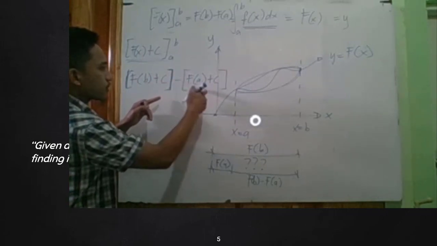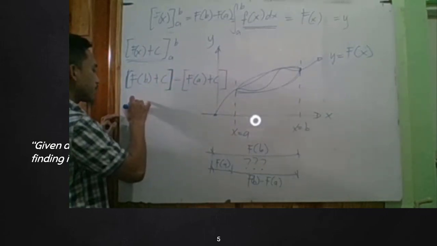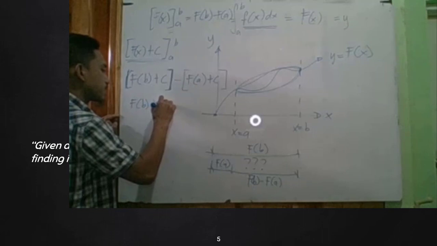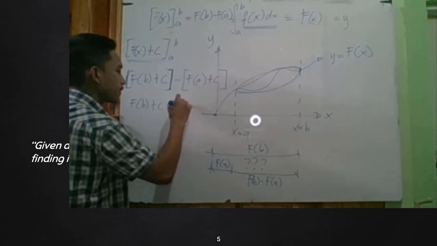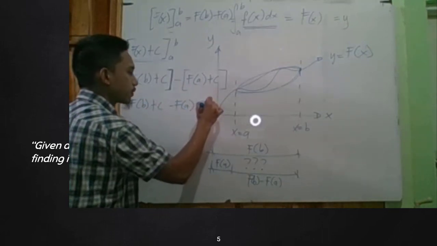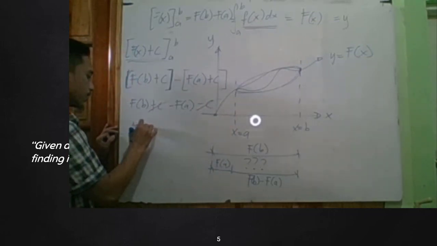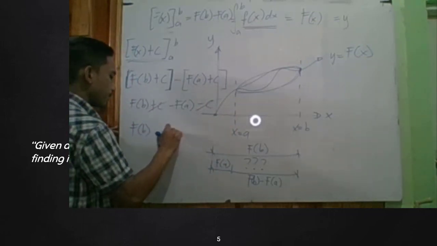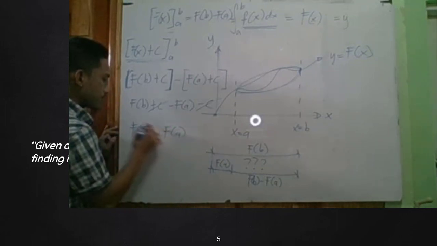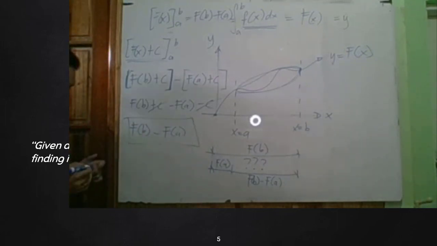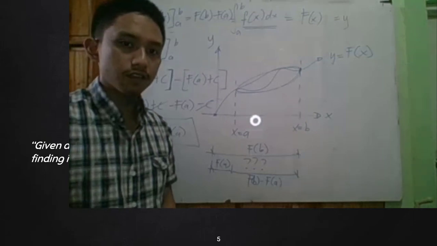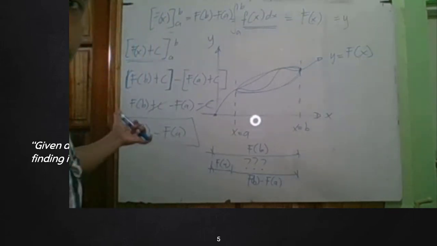This will go minus and minus. So f of b plus c, and that will be minus f of a, and then minus c. So plus c and minus c cancel. You are just left with f of b and f of a. That is why we do not need to worry about this constant of integration in definite integrals.